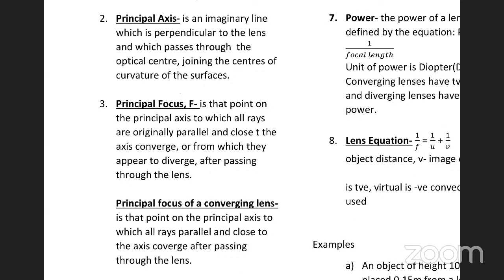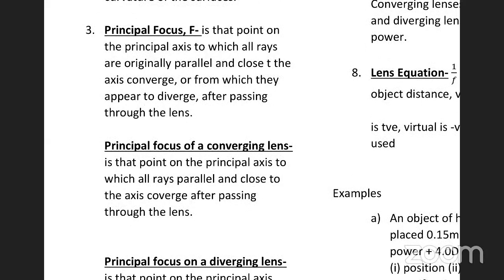Principal axis is an imaginary line which is perpendicular to the lens and which passes through the optical center, joining the centers of curvature of the surfaces.